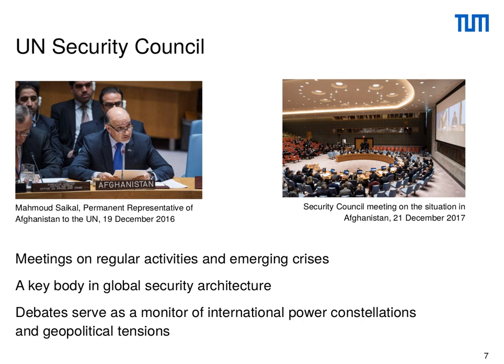The example I selected here is a meeting on the situation in Afghanistan, which was held in 2017, for example. And in political science research, the UNSC has been a monitor of international power constellations and an indicator of geopolitical tensions.